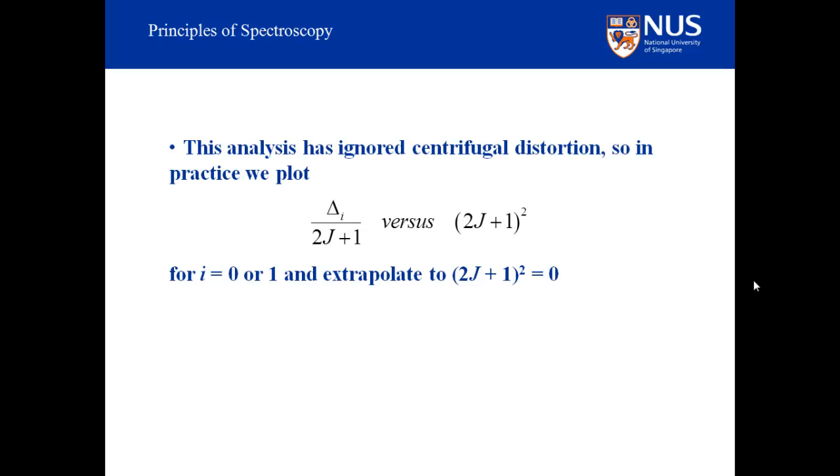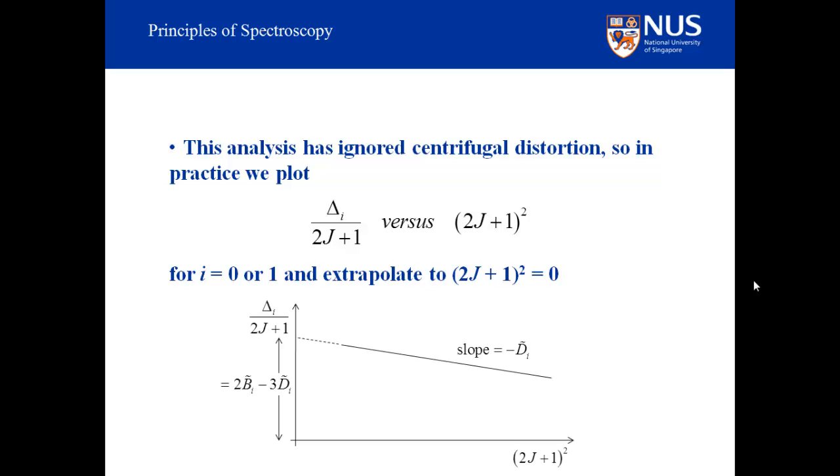With a bit of messing around, you'll find out that what you want to plot is delta i over 2J plus 1, where the i is the 0 or 1, depending on which combination of R and P lines you want to use. It won't be a constant, but if you plot delta i over 2J plus 1 against 2J plus 1 all squared, then this is what you'll get.